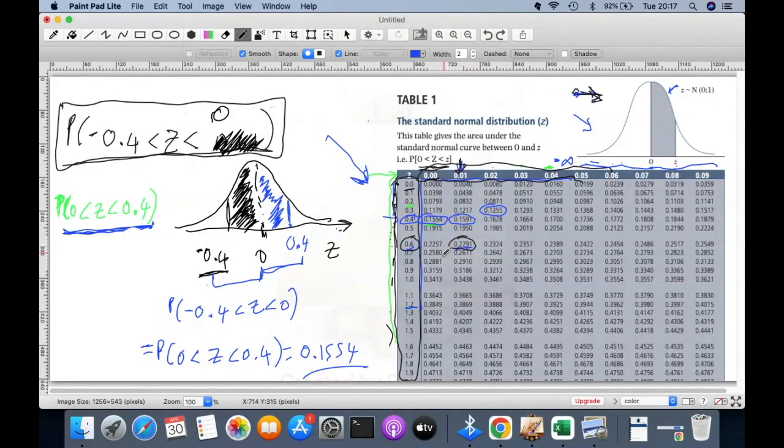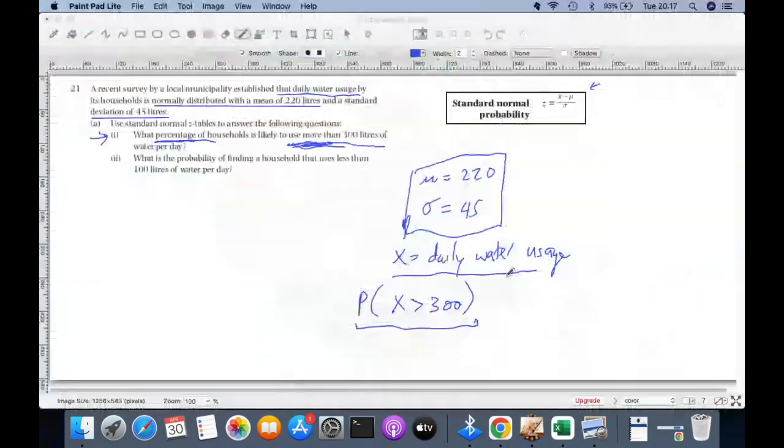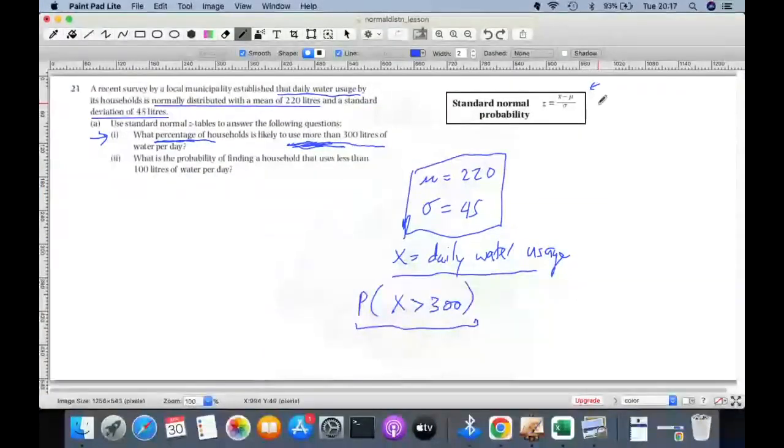You can convert it to a Z score using this formula here. Don't worry about memorizing it. It's given to you. This is how you convert any unit to a Z score. You take that X value, subtract its mean, and divide by the sigma, which is why we were given this.